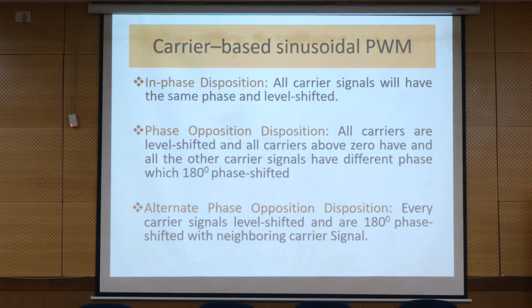So, what is the objective of going for different types of switching strategies? Why are we discussing so many PWM techniques instead of using just one? The objective is to synthesize the output voltage with less harmonic content, that is, a lower THD value.